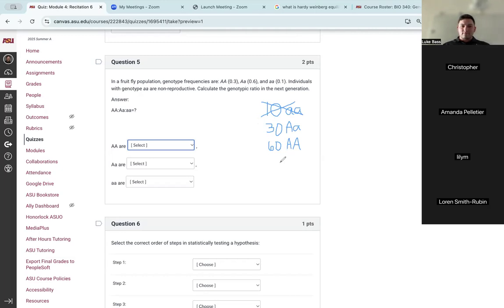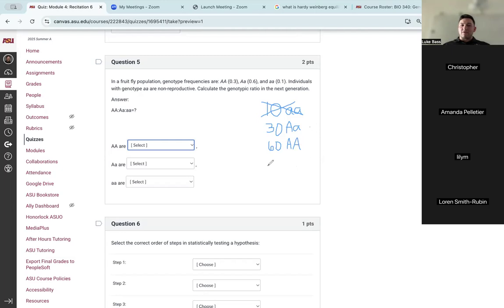In other words, let's assume that of these 60 AA, 30 of them mate with the other 30 AA. Does that make sense? That would give a new population that only resulted in AA. Does that make sense, the big A's? Yeah.